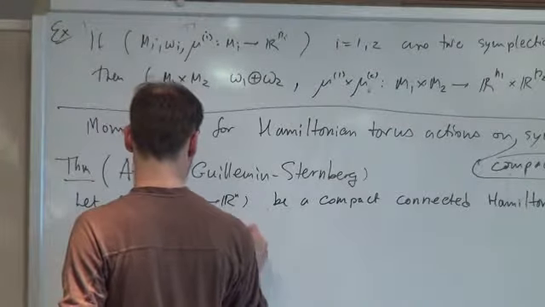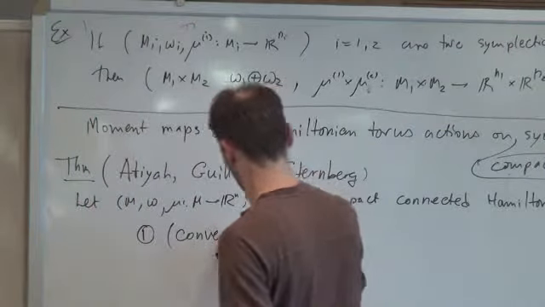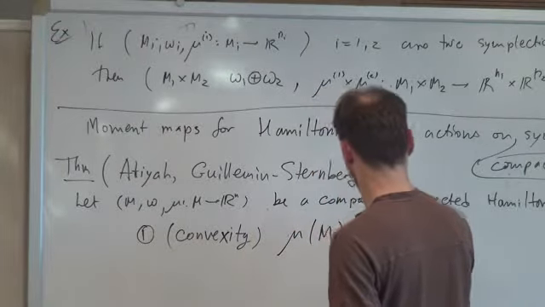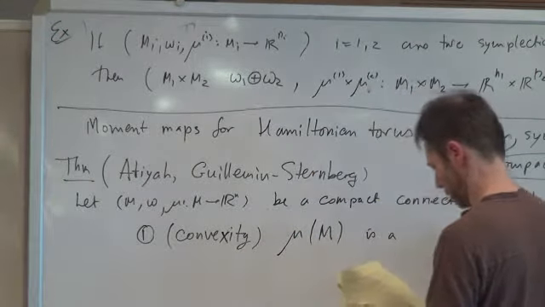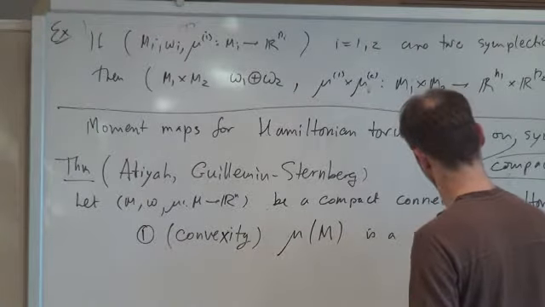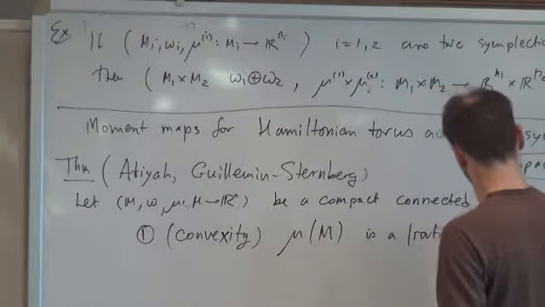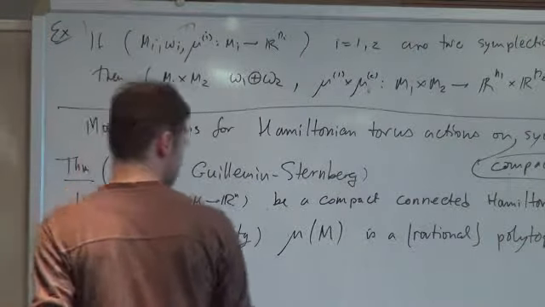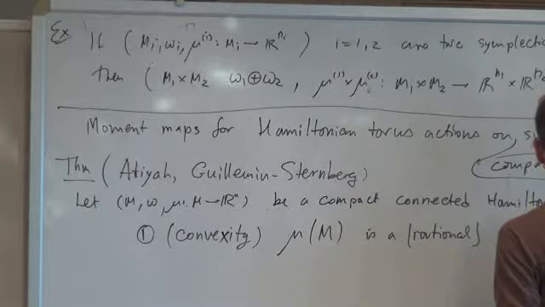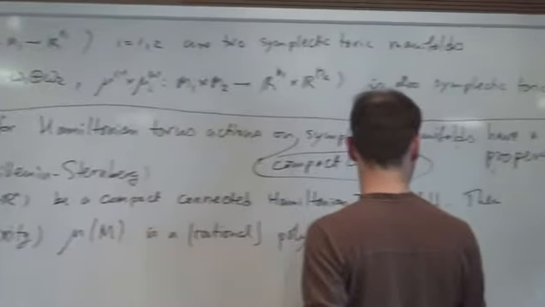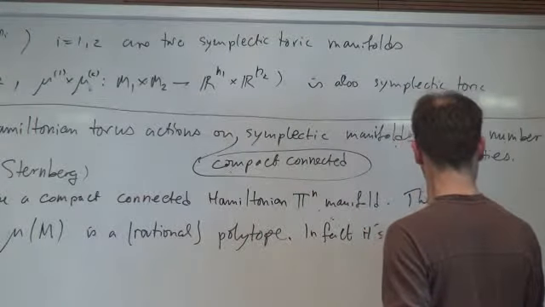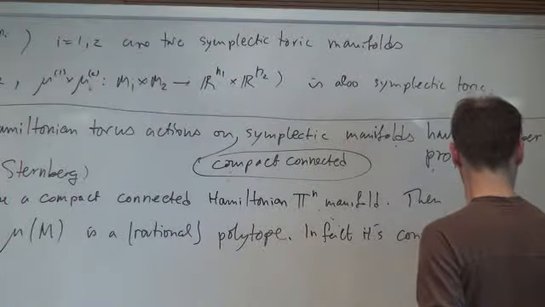In the business, people refer to the first property as convexity. Mu of M is a rational polytope. In fact, it's a convex hull of the images of fixed points.